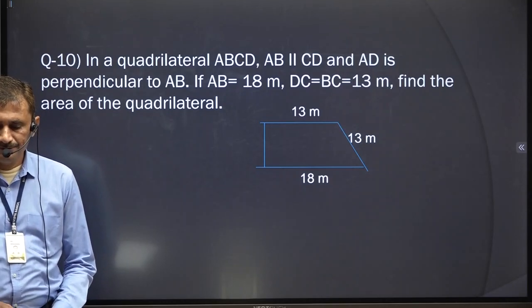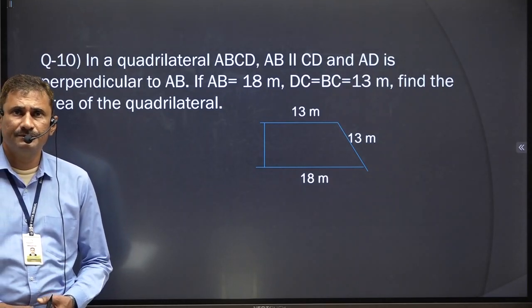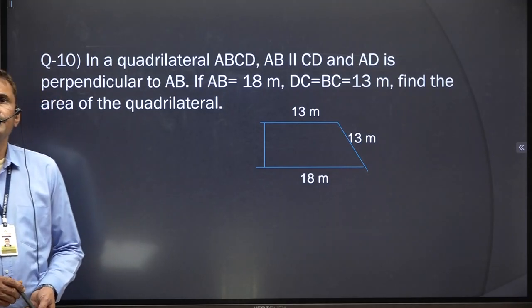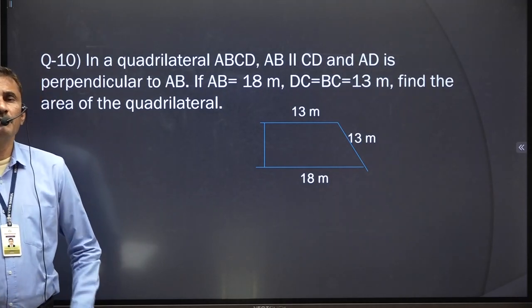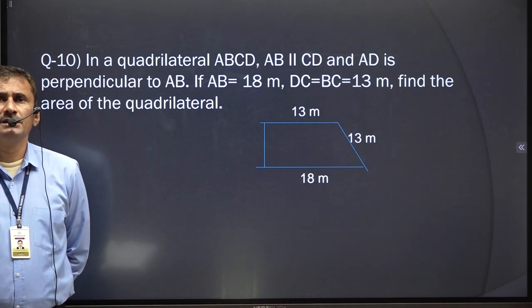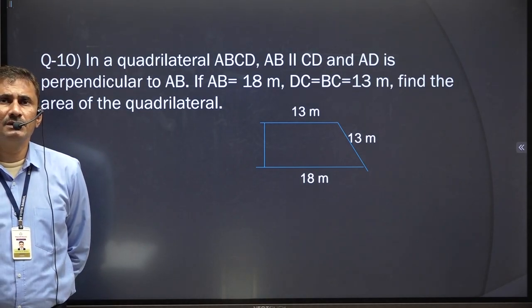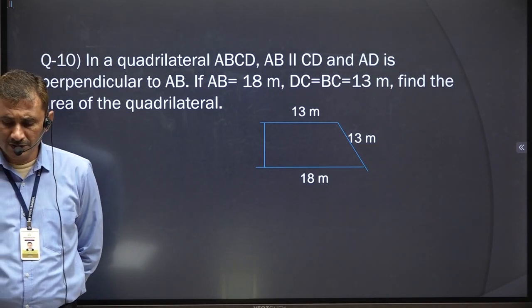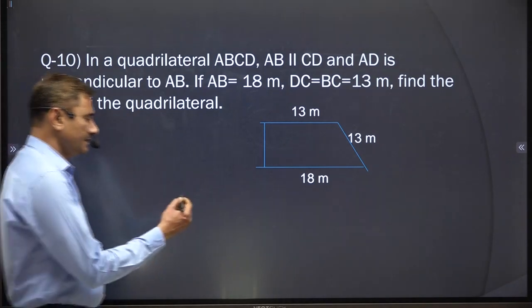Now see there, in a quadrilateral ABCD as shown in the figure, AB is parallel to CD and AD is perpendicular to AB. The name is not written there, I am just writing ABCD.